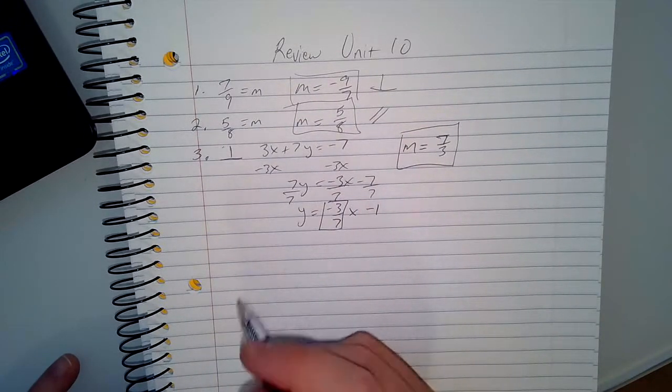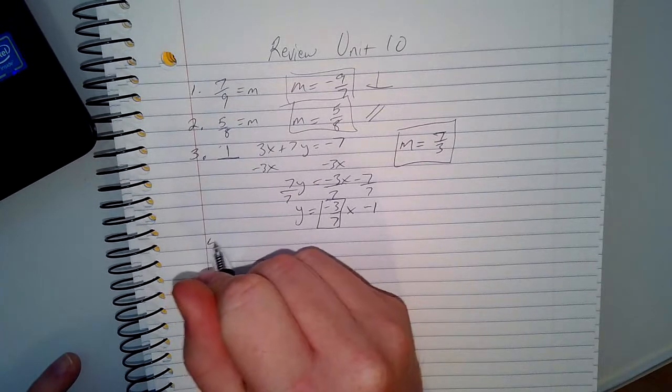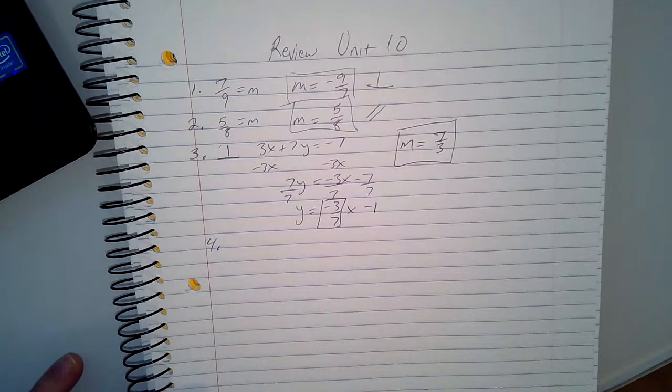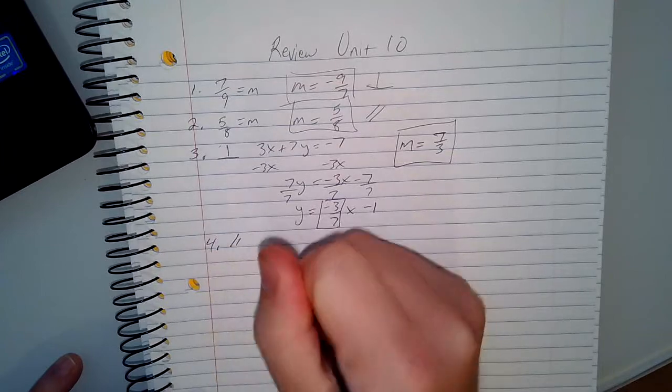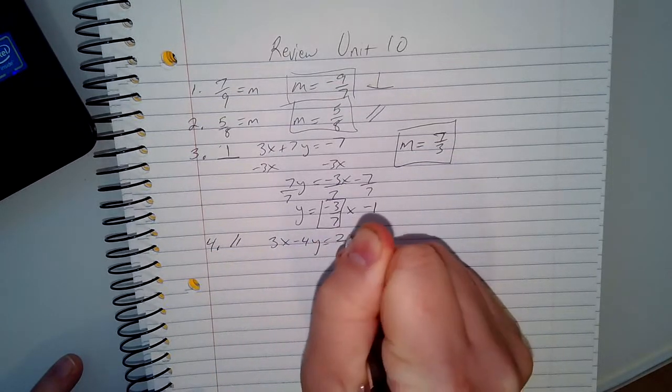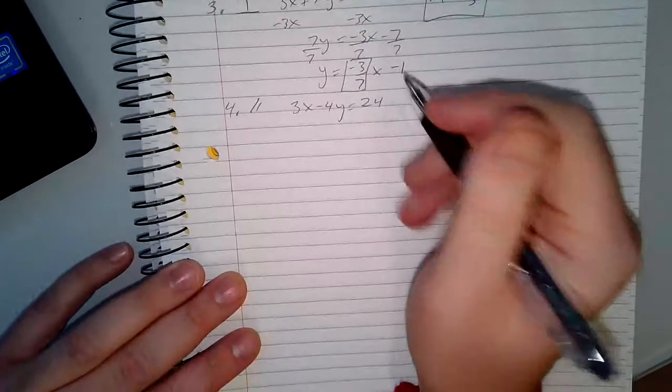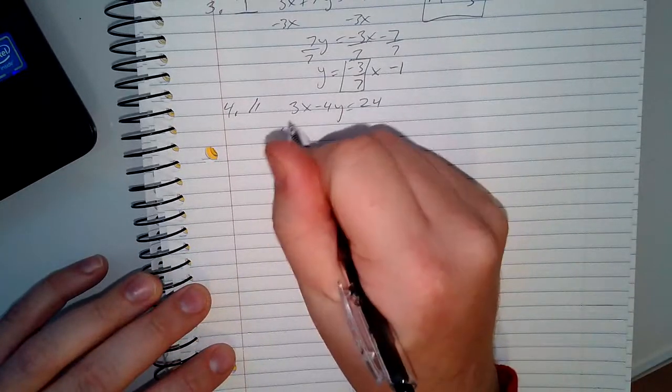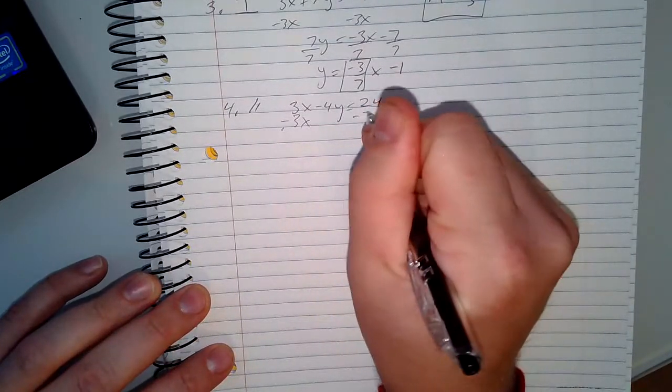All right, number four says, what is the slope of all lines parallel to this line? So parallel, once again, means same slope. So we have 3x minus 4y equals 24. We are going to move our x, so minus 3x.